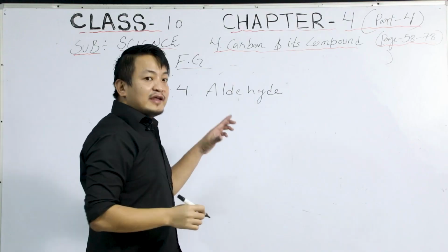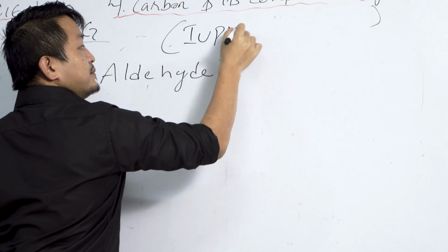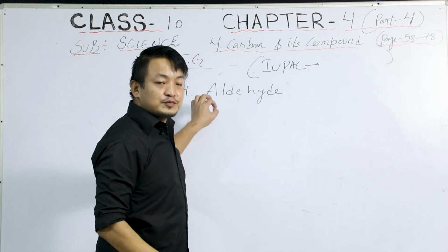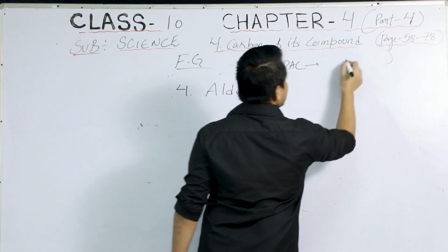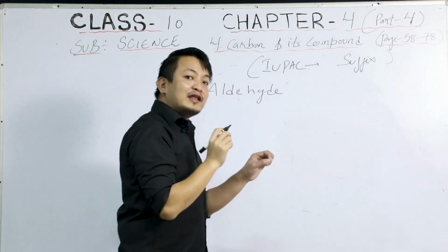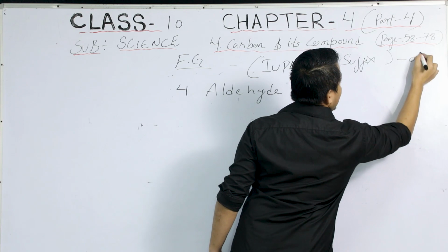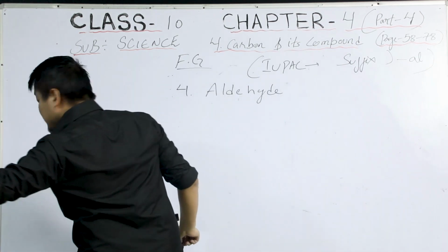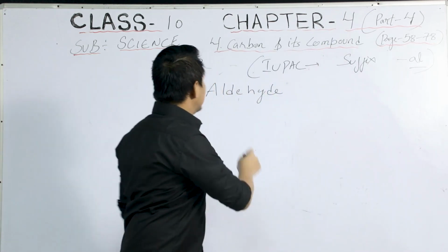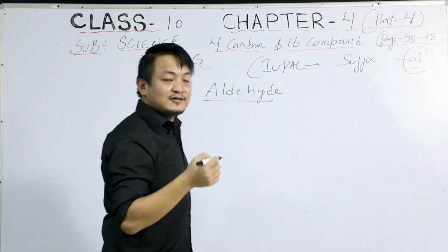Now, while writing the IUPAC name, if we have aldehyde as a functional group, then the suffix, that means the last word while naming, would be al. Clear, see, aldehyde, so the suffix will be al.